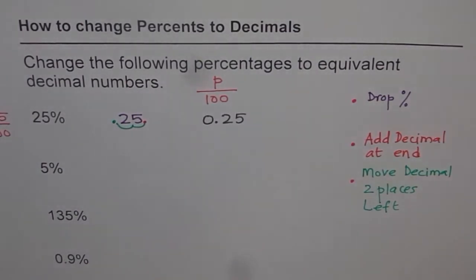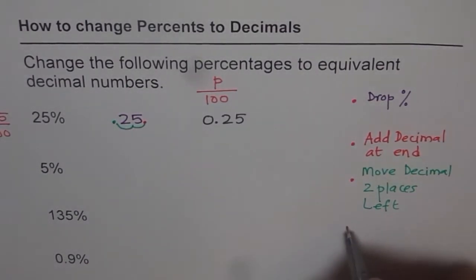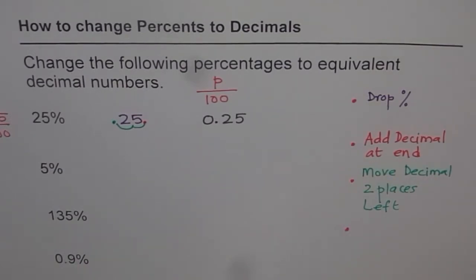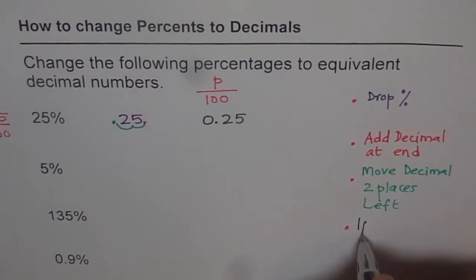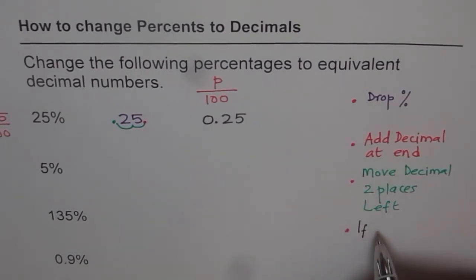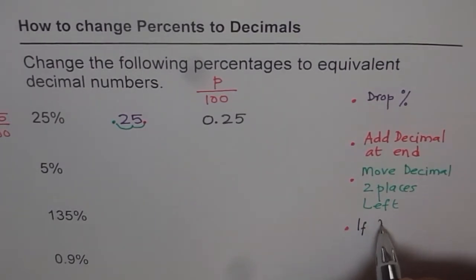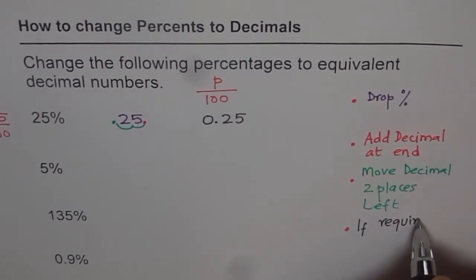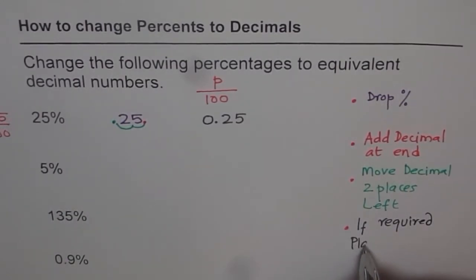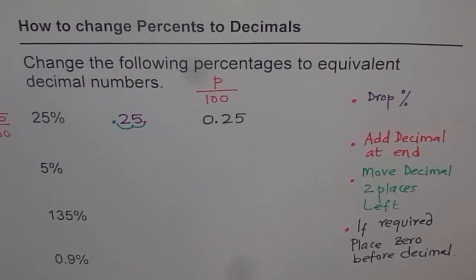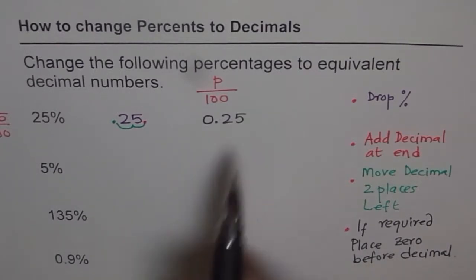So let me add one more simple step, and that is, if required, place 0 before decimal. It is a good practice, not a must. But when you do that, you get your answer.